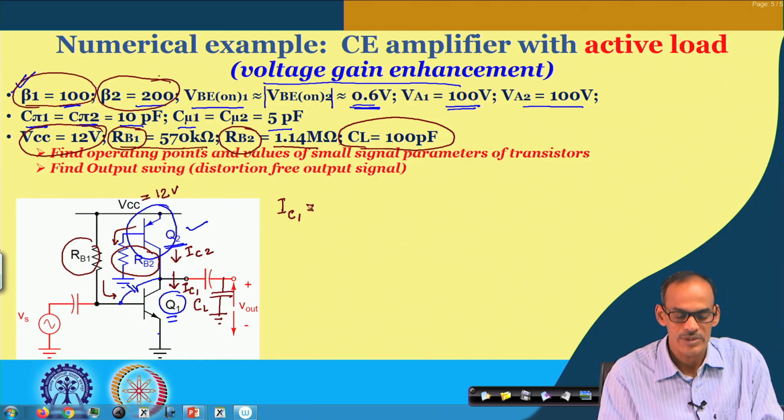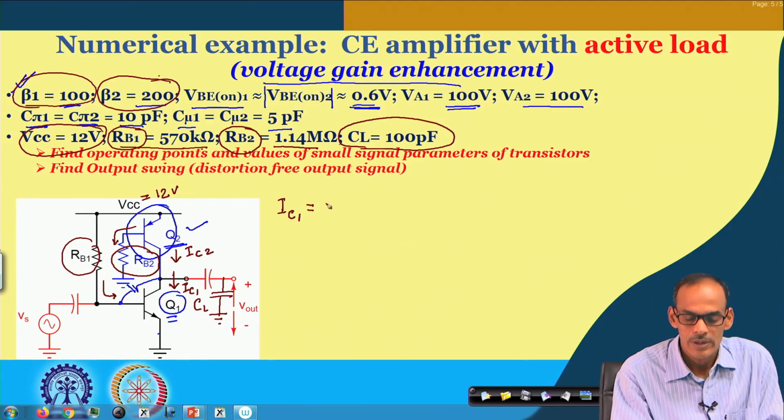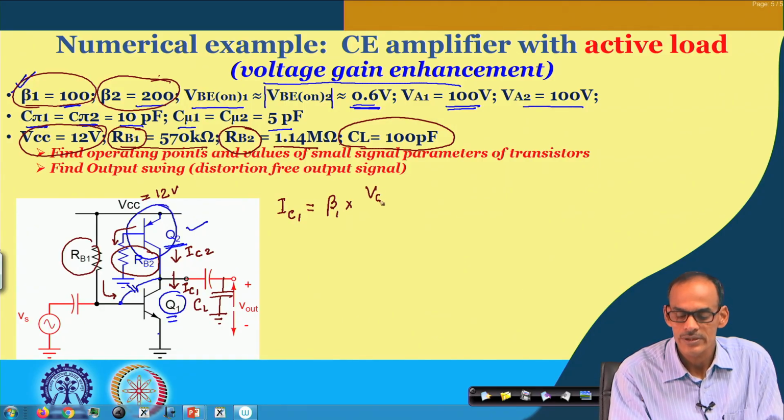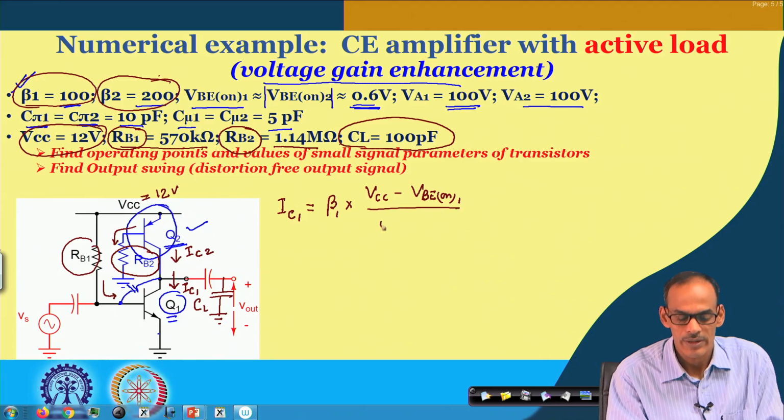So, what we are getting here is the collector current of transistor 1, assuming the device is in active region of operation: it is beta multiplied by IB, and IB is supply voltage minus VBE on of transistor 1 divided by RB1.